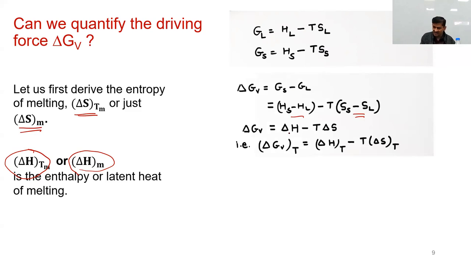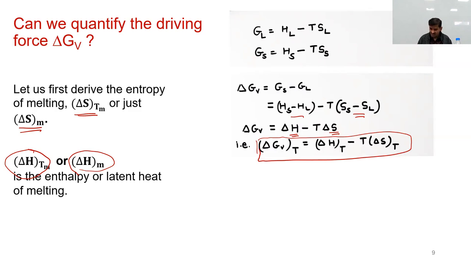That can be further simplified as delta H minus T delta S. So at any temperature T, we have this general relation for delta GV. It's not very surprising: if we are considering any temperature T below the melting point, then the free energy difference, or the driving force delta GV, at that temperature is simply related to the enthalpy difference delta H between solid and liquid and the entropy difference delta S between solid and liquid at that particular temperature. That's the basic premise here.